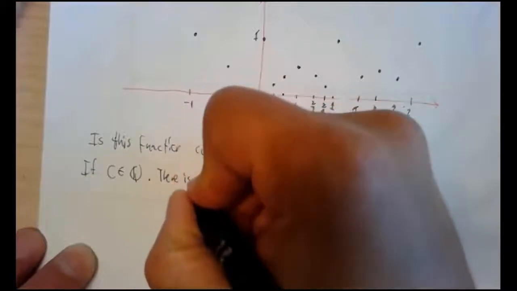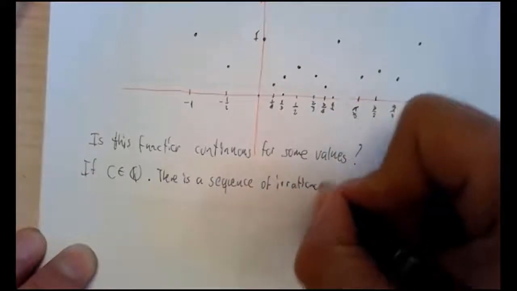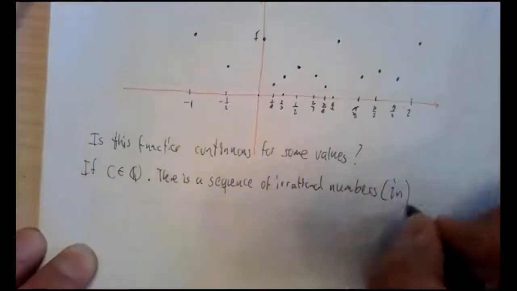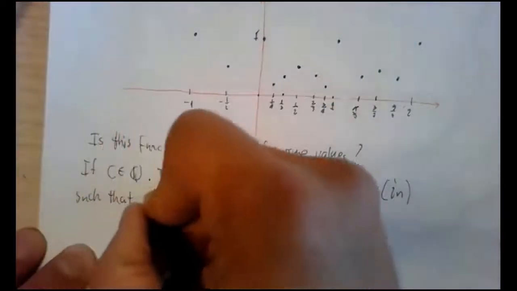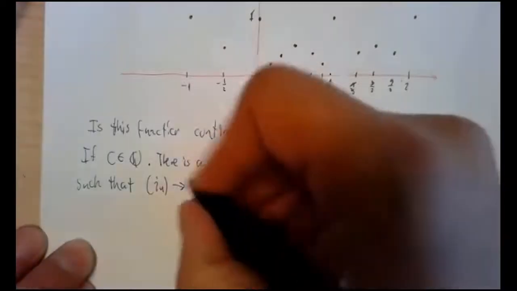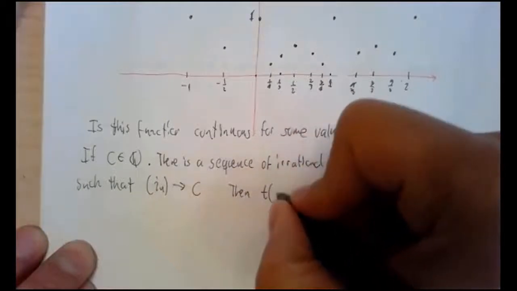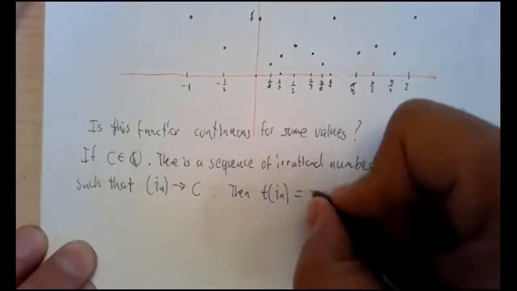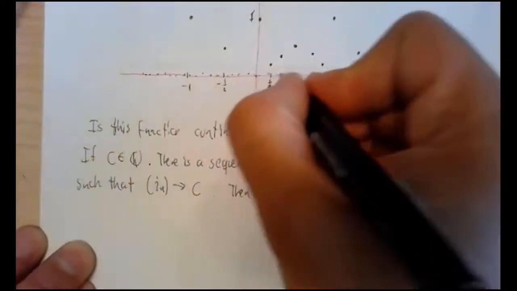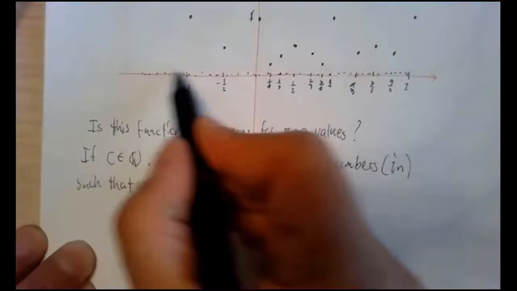There is a sequence of irrational numbers, I_n, such that I_n converges to c. We know that happens, but then what is the Thomae function of I_n? Well, it's an irrational number, so it's 0. It's the ones that stay right here in the bottom, right? I stopped drawing my own picture because I showed you the other one. But we have all of these dots for the irrational numbers right here.